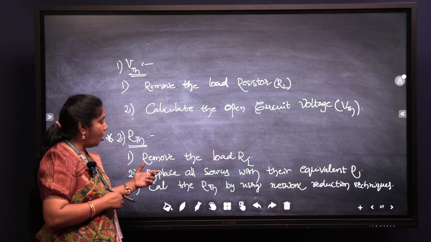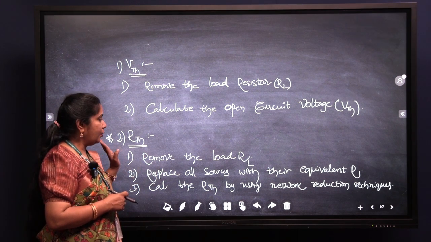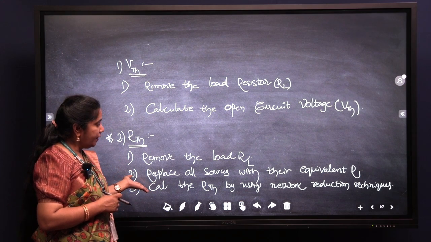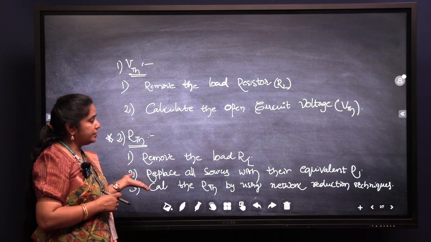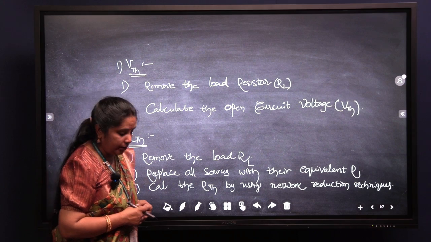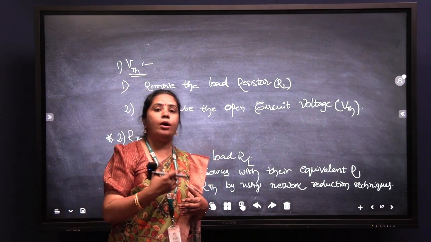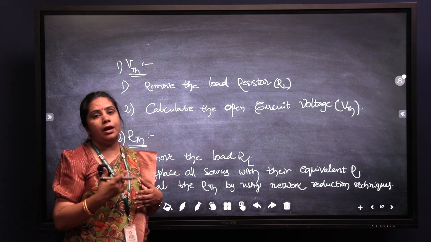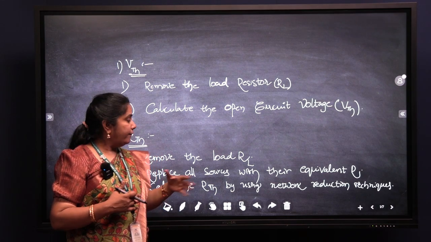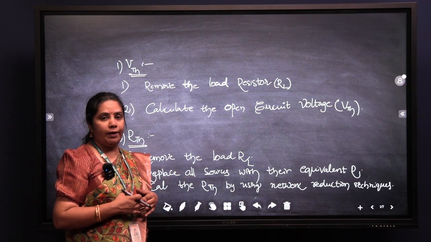So that is replacing all the sources with their equivalent resistances. Next we calculate the Thevenin's resistance by using network reduction techniques, that is, series combination of resistances or parallel combination of resistances. By using these combinations, we calculate the RTH value.